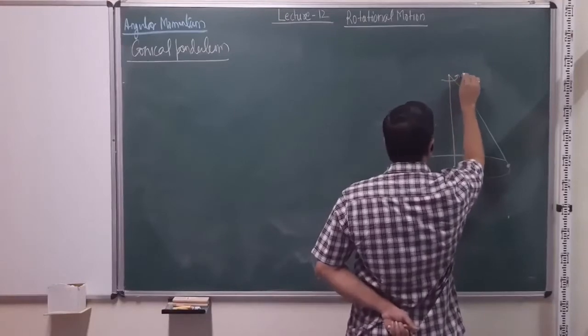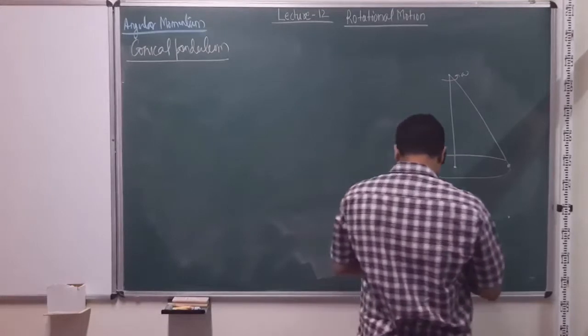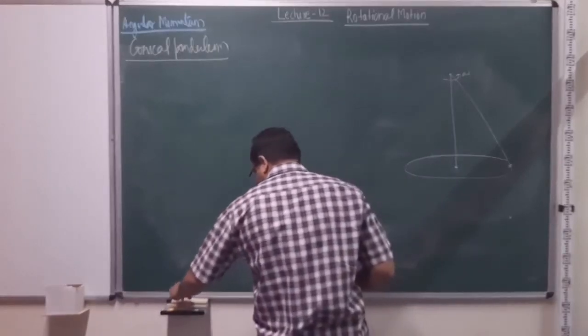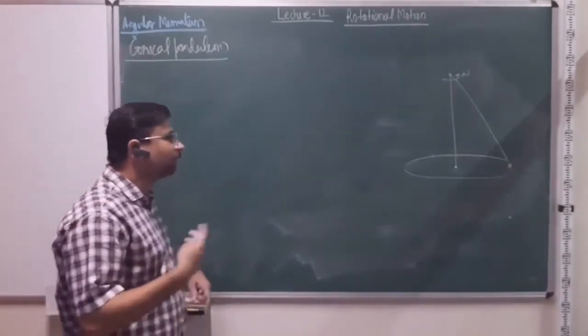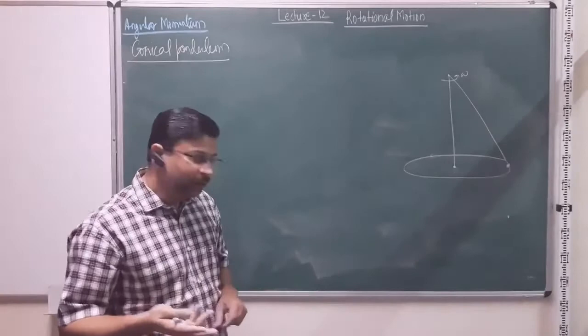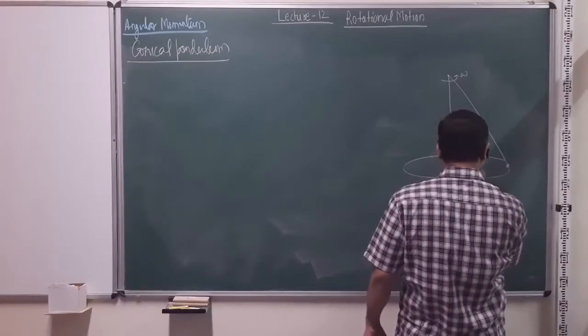This thing is going with angular velocity omega. Let's describe or define the coordinate axes. I do this problem in two different coordinate systems. One is xyz, another is the cylindrical polar, rho phi z, just to make sure that the equivalence remains.